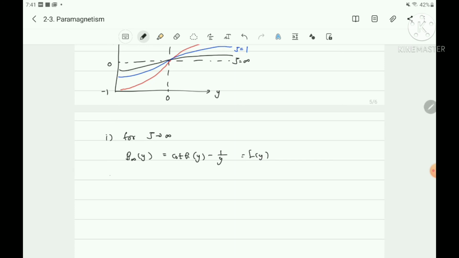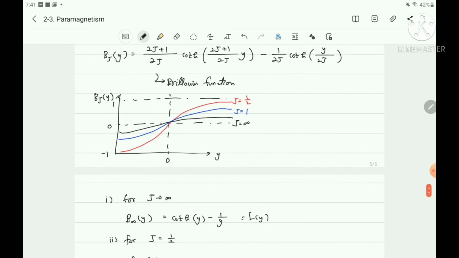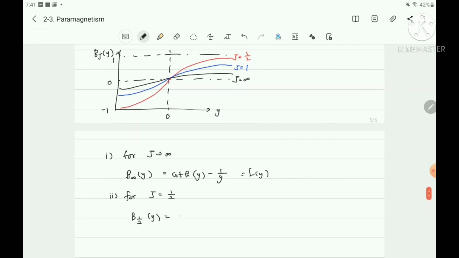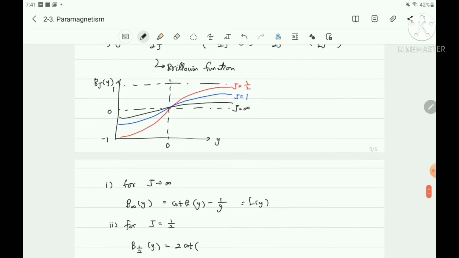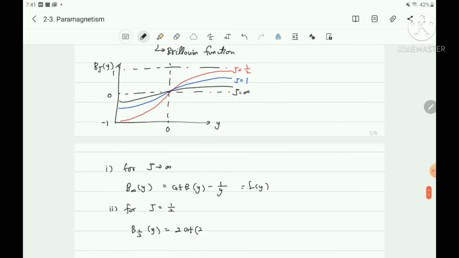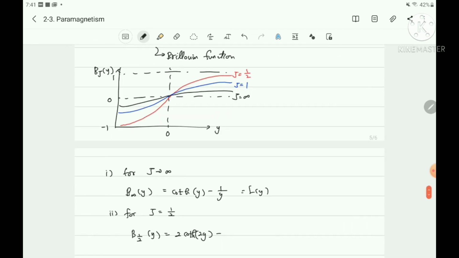The second case is j equal to 1/2, the simplest quantum spin. B 1/2 of y, with 2j plus 1 equal to 2, is 2 coth 2y minus coth y.